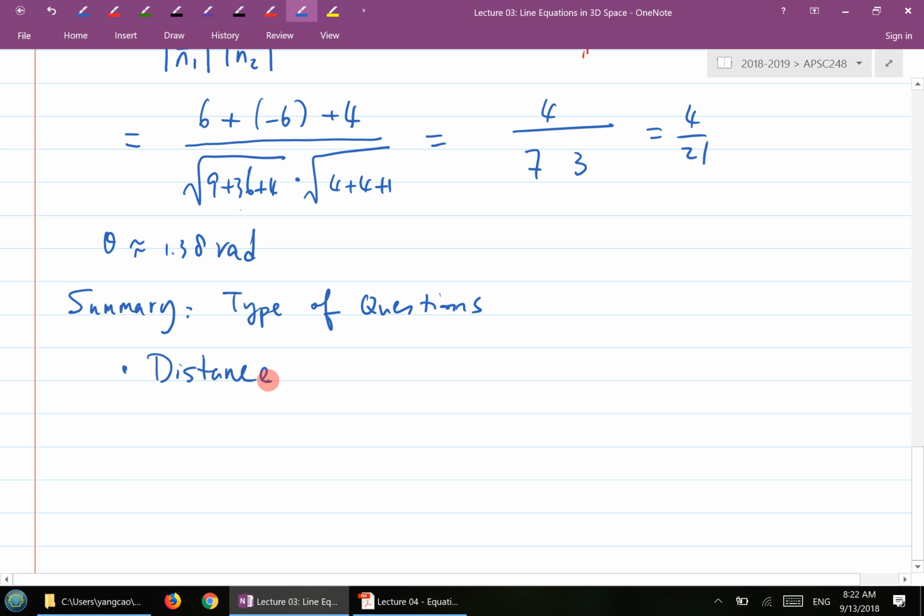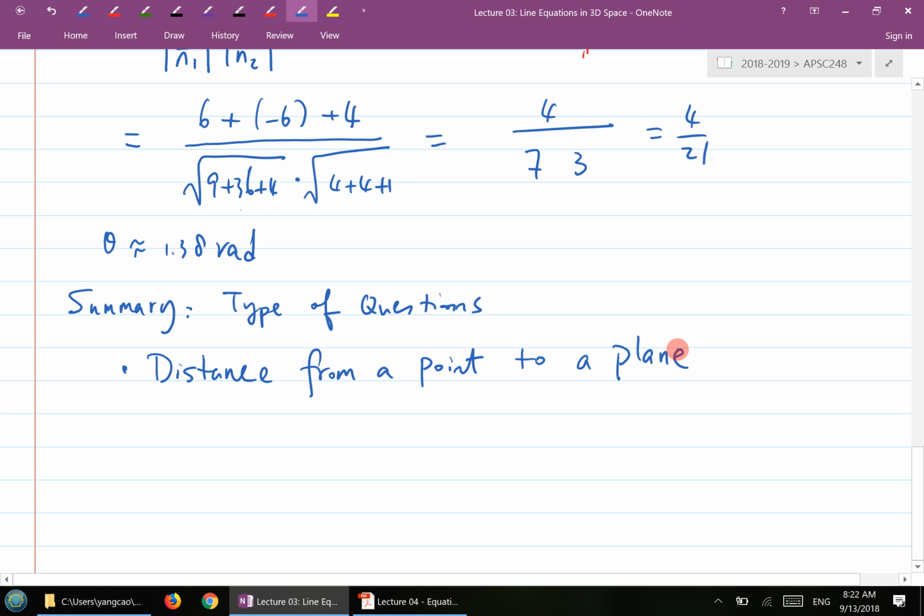One of my favorite types of question that I wanted to test you on is to obtain a distance. So you will see a lot of questions asking what will be the distance from a point to a plane, and that's the kind of question we exercised in the previous lecture, that example.